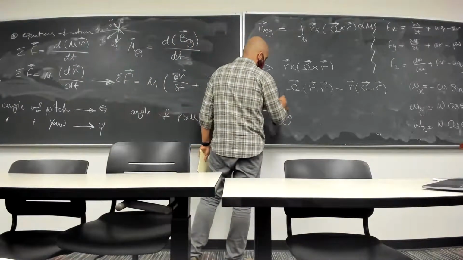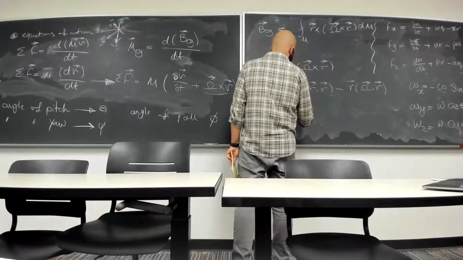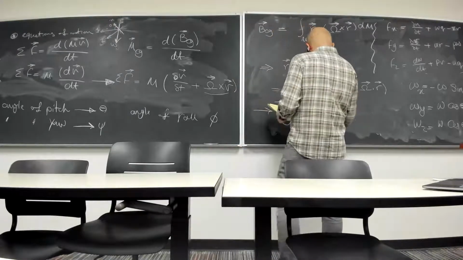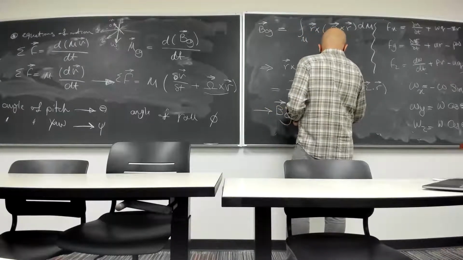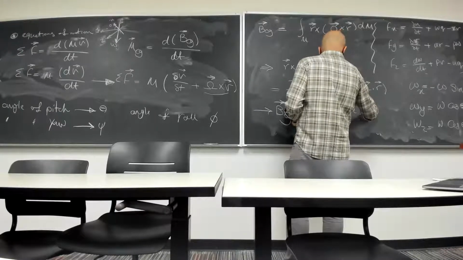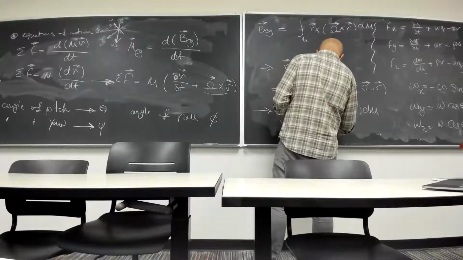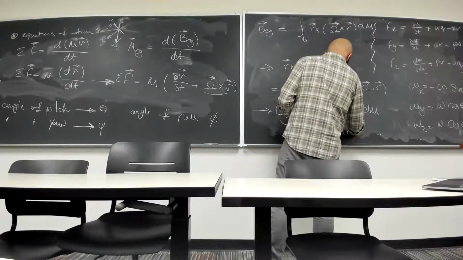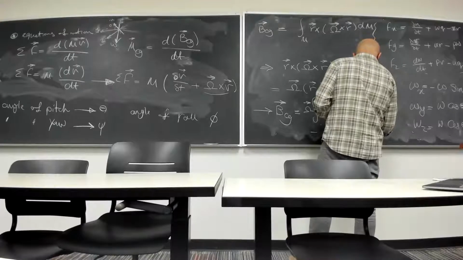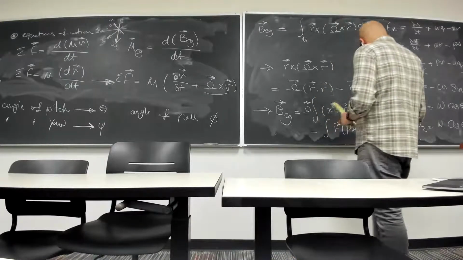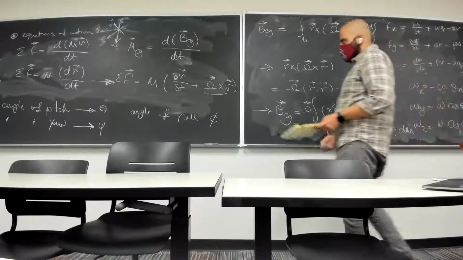Okay, so if we do this, we are going to end up with just another form of this integral, which is going to be the integral of omega multiplied by (x squared plus y squared plus z squared) dm, minus the integral of R multiplied by (Px, Qy, and Rz) dm.